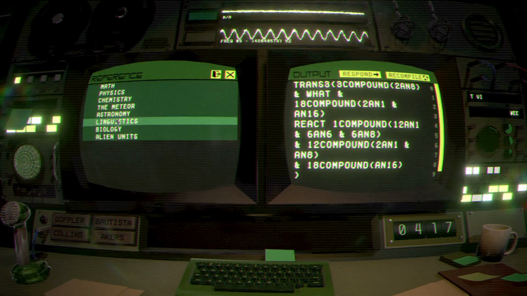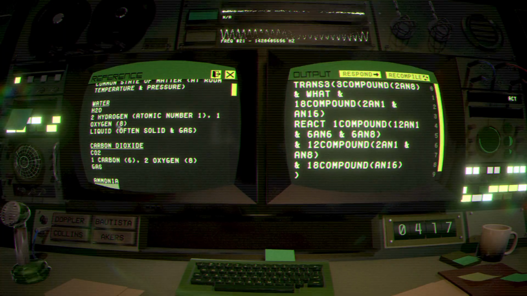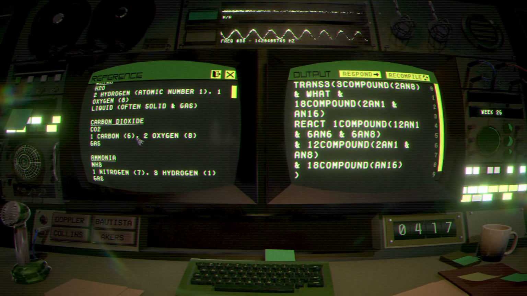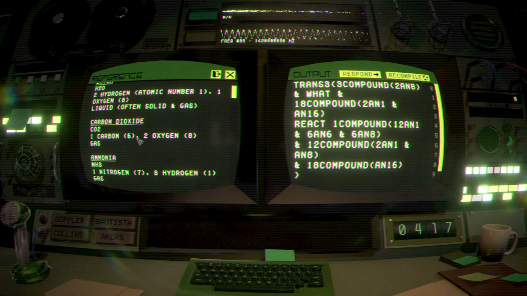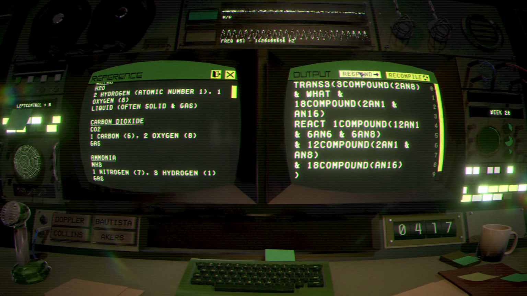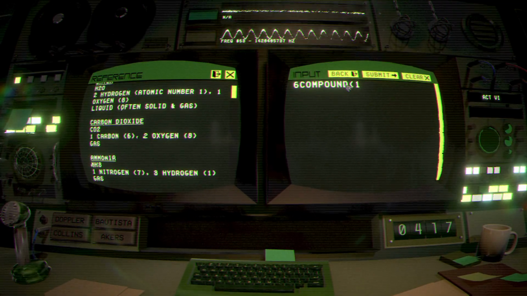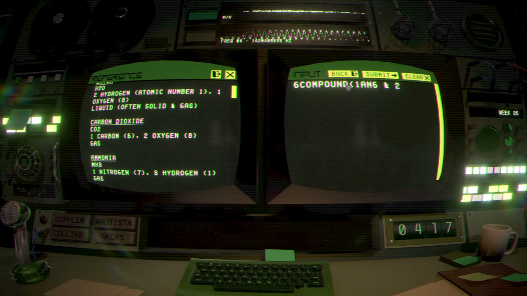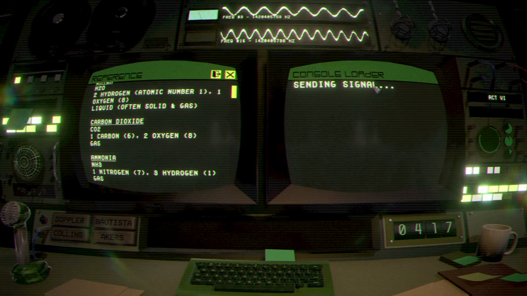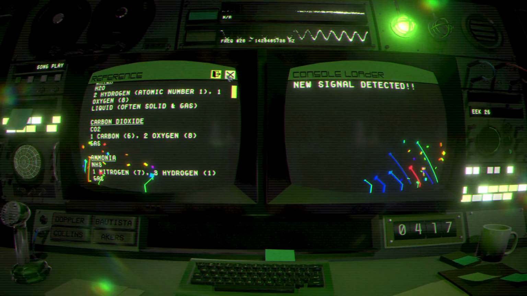We need to find what compounds have just 6 and 8. There we go. Carbon dioxide, 6 and 8. So what did we need? 6 A6 and 12 A8s, right? We need 6 compound 1 AN6 8. Awesome.